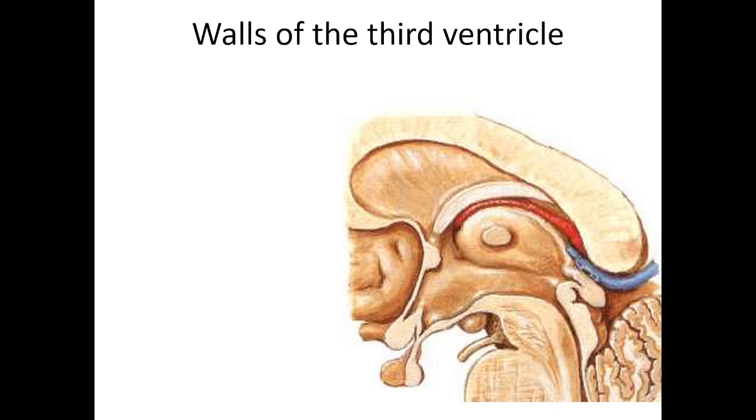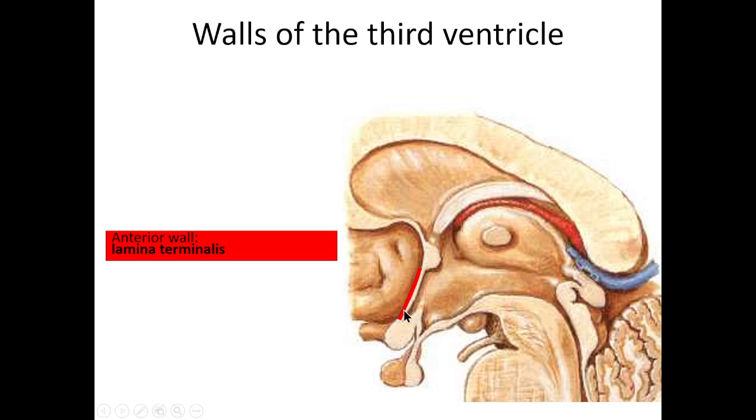And now we shall find all the walls of third ventricle. First of all, anterior wall, which is formed by lamina terminalis. Here it is, very narrow structure, which is derived from the wall of prosencephalon, first cerebral vesicle.